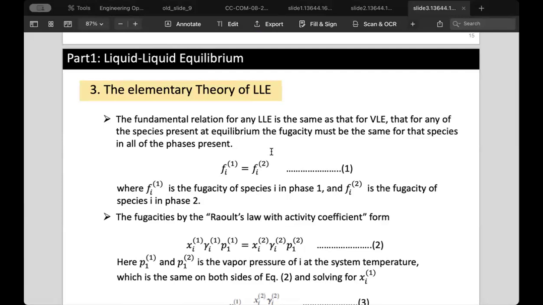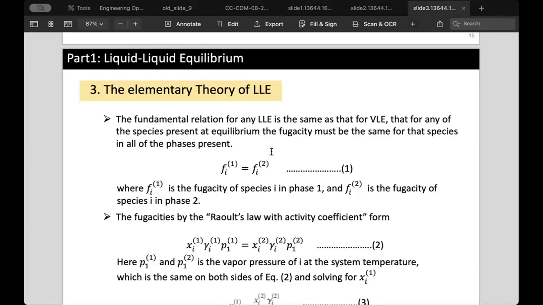They are both liquid, but different phases: liquid 1 and liquid 2. We identify the equilibrium by setting the fugacity of component i in phase 1 equal to the fugacity of component i in phase 2. And again, they are liquid, right?